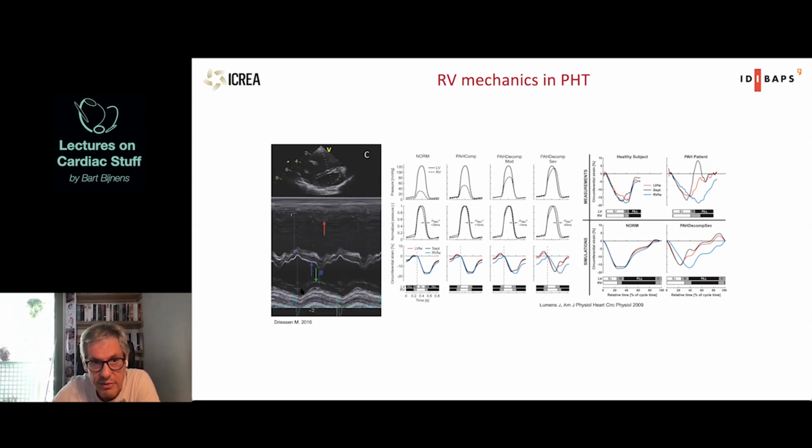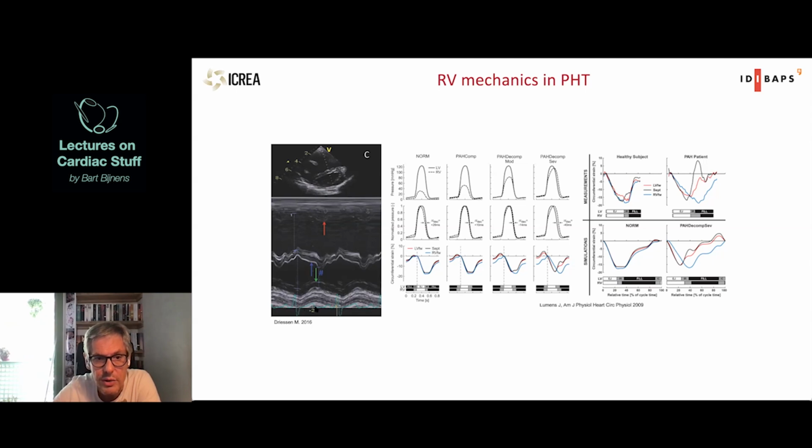You see the normal M mode, you see the contraction of the left, the contraction of the septum. And although it's not that visible, this is the inward motion of the right ventricular free wall. The right ventricular free wall inward motion is much longer than the left one, because at this moment the left ventricle is starting to relax.